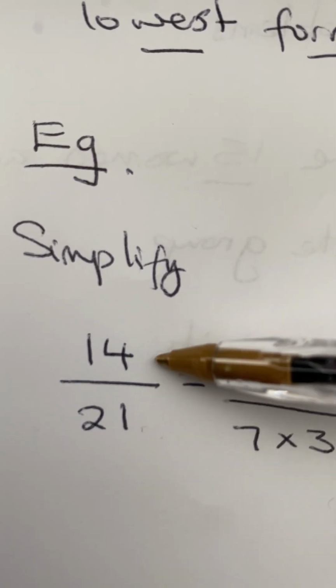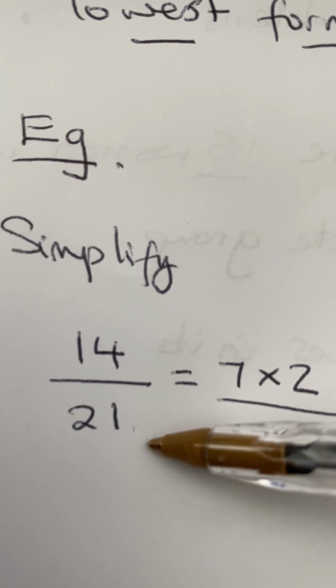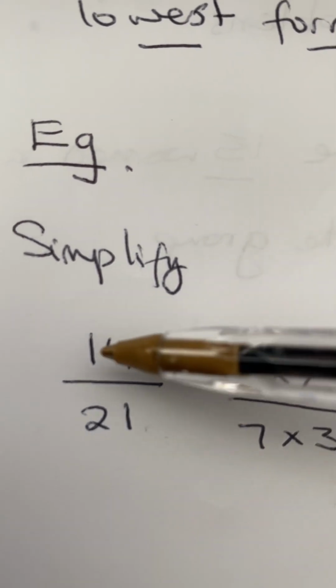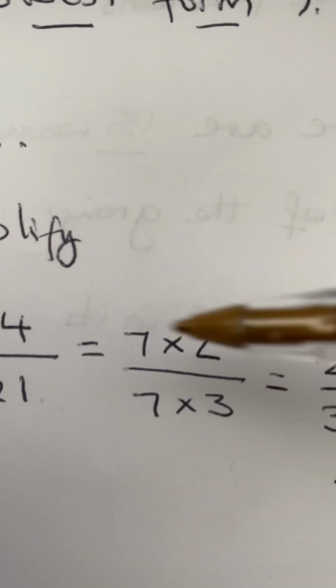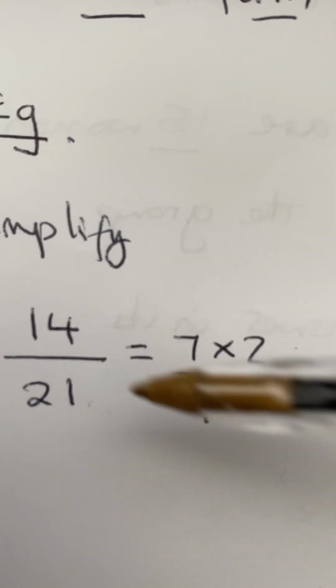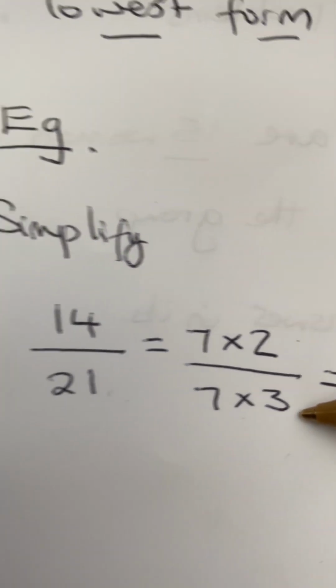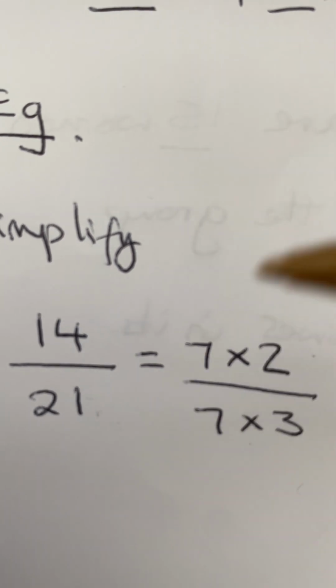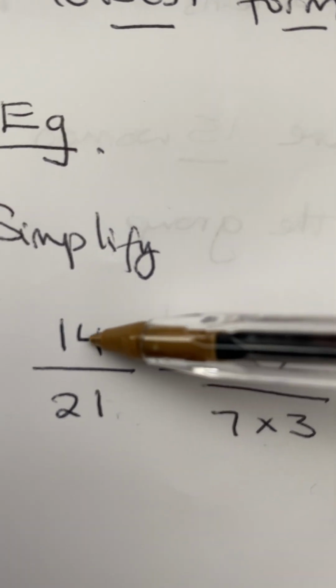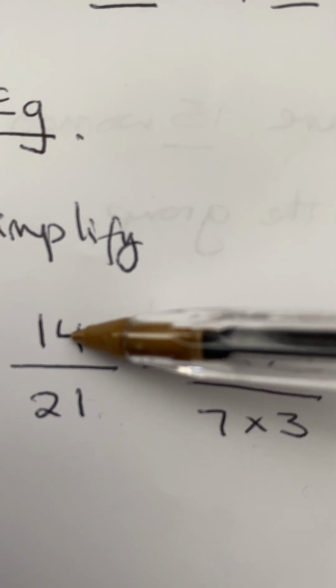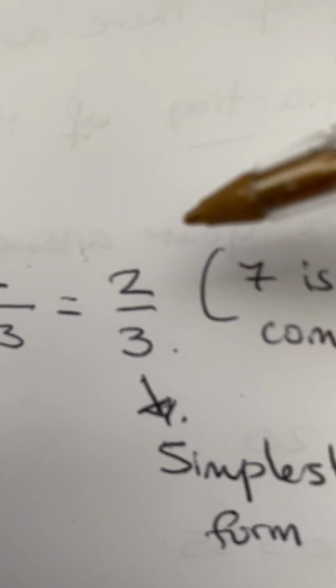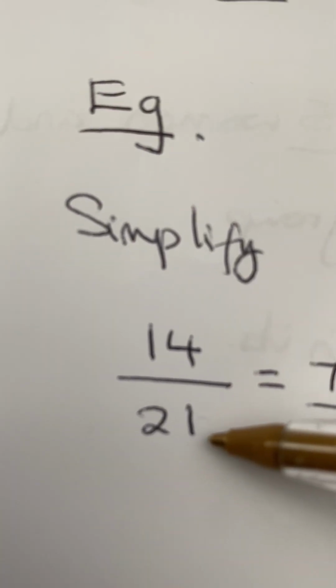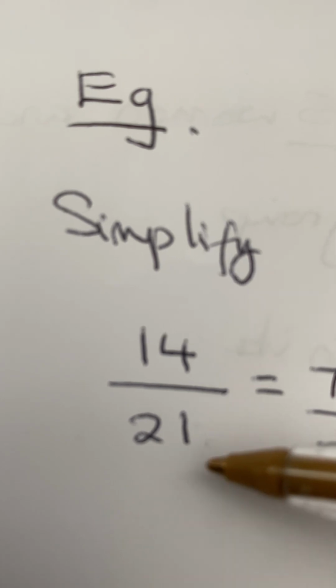The common factor of 14 and 21 here is 7, because 7 times 2 is 14 and 7 times 3 is 21. Okay, so if I divide 14 by 7, I'll get a 2. If I divide 21 by 7, I'll get a 3.